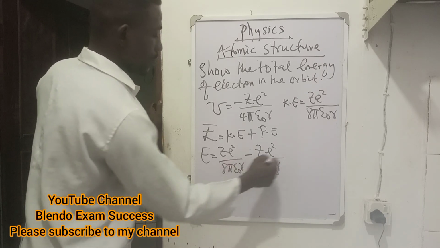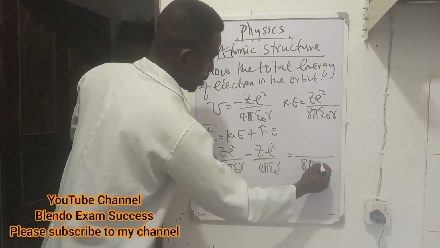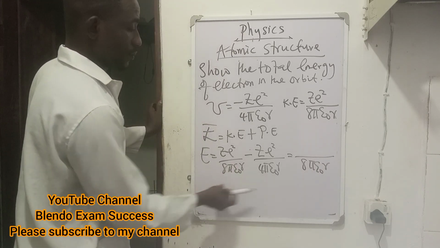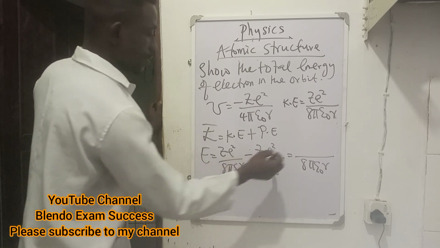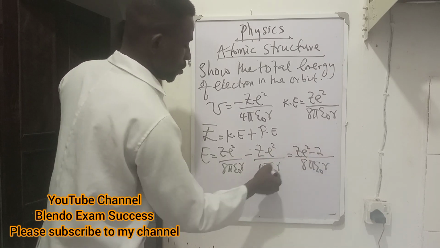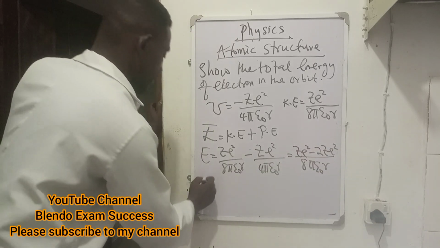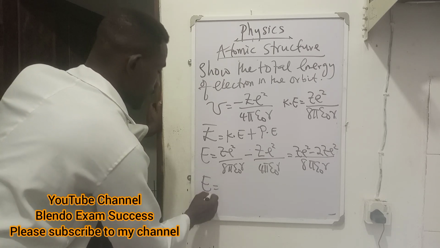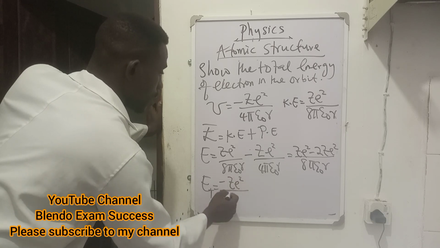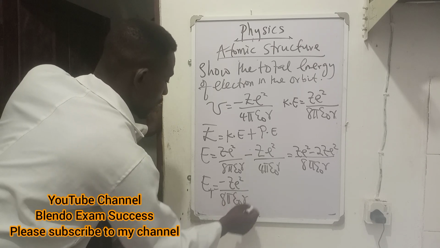Okay, so this will give us LCM is 8 pi epsilon naught r, then 8 into 8, 1 times Ze squared is Ze squared, minus 8 into 4, 2 Ze squared. So 1 minus 2 Ze squared, we have E total is equal to minus Ze squared all over 8 pi epsilon naught r.